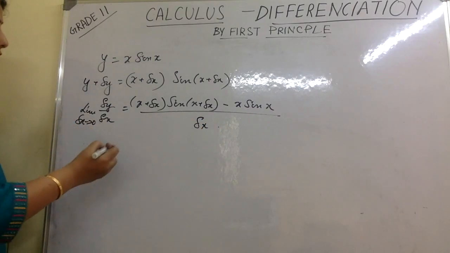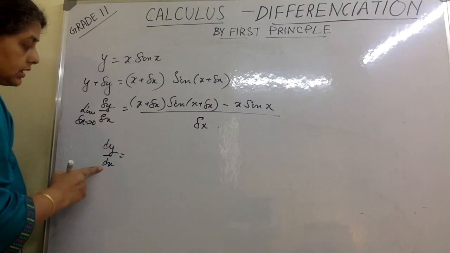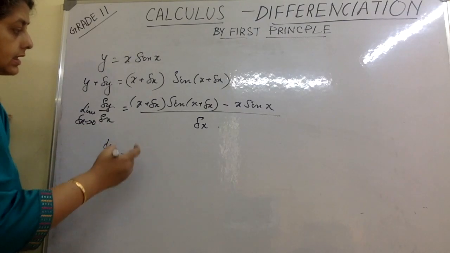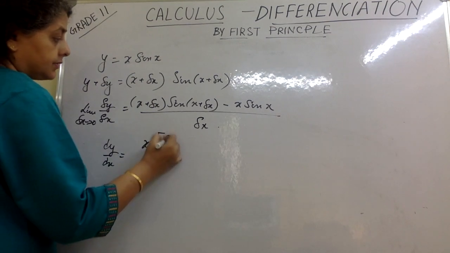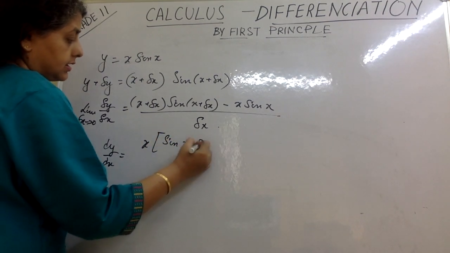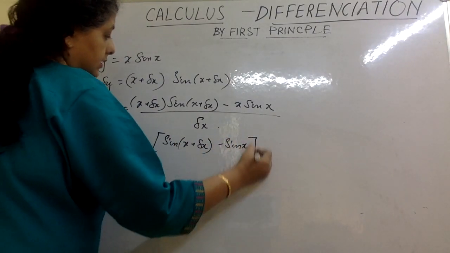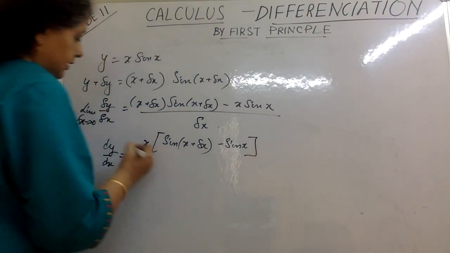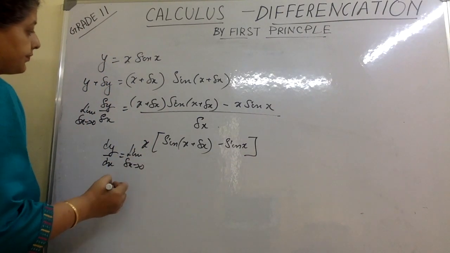Now dy by dx, we can write it like this: sin of x plus del x minus sin x, and here limit del x tends to 0.